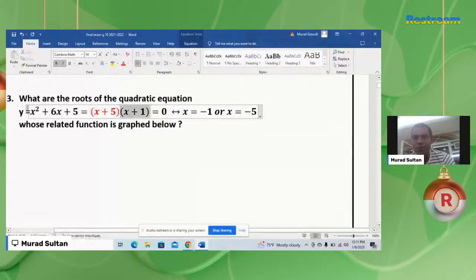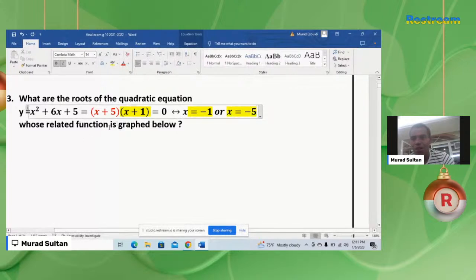Therefore x plus 1 equals 0 means x is equal to minus 1, and x plus 5 equals 0 means x is equal to negative 5.